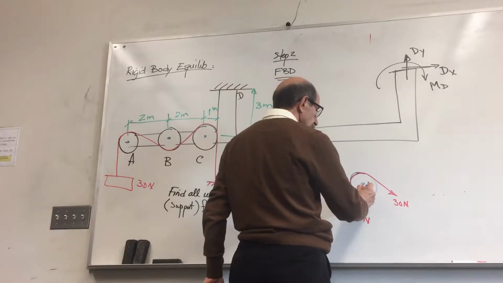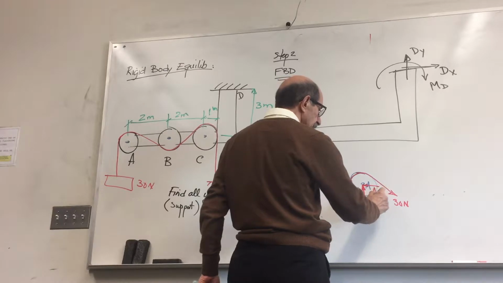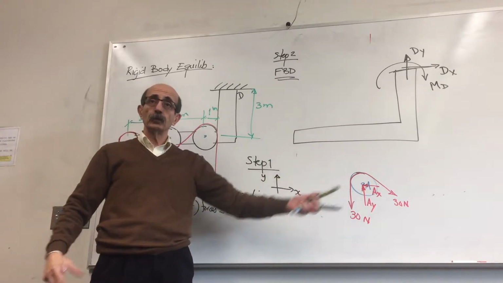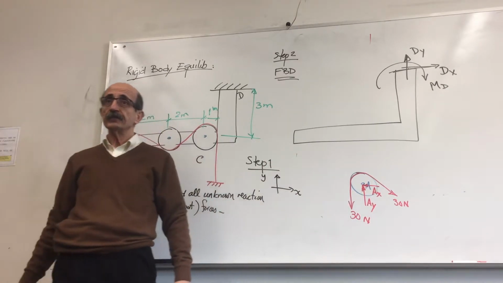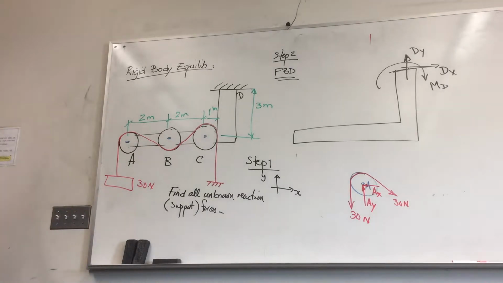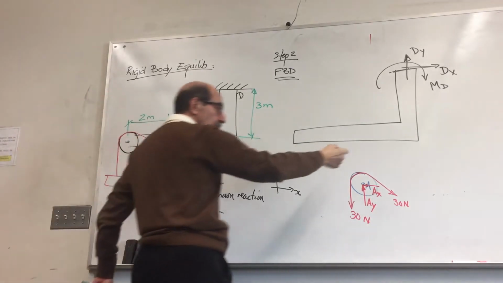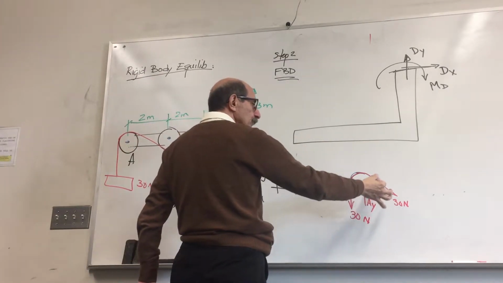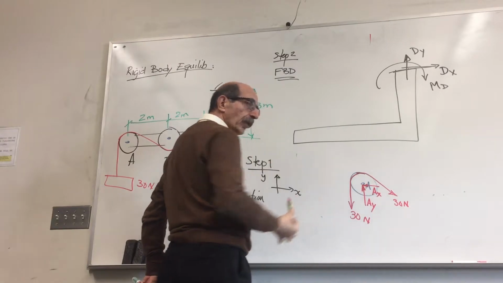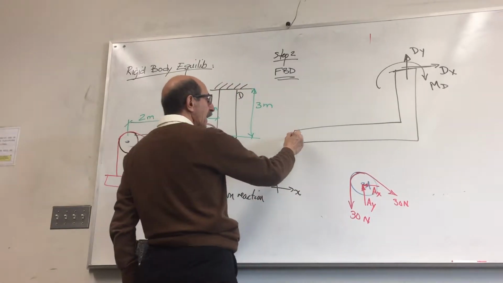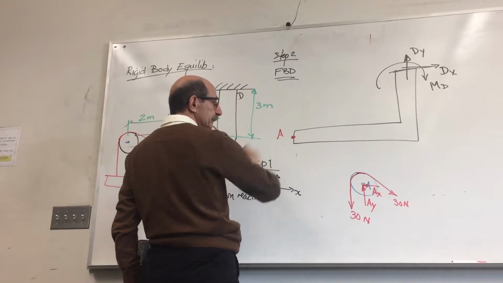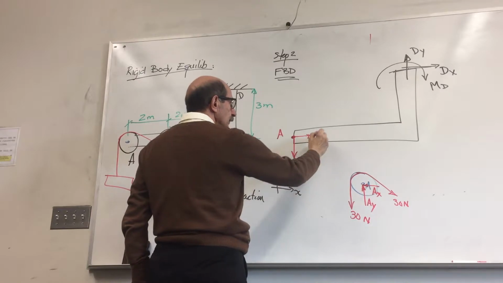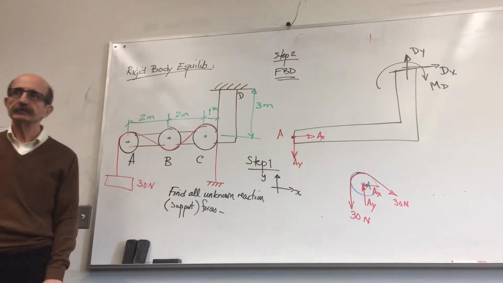That means forces AX and AY from the structure acting on this pulley are holding it in place. So by the law of action and reaction, Newton's third law, on the structure at point A we have two forces equal in magnitude and opposite in direction, right? Is that clear?